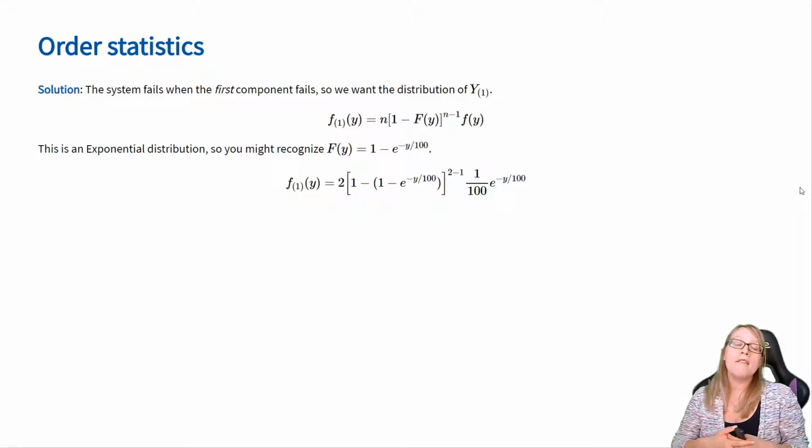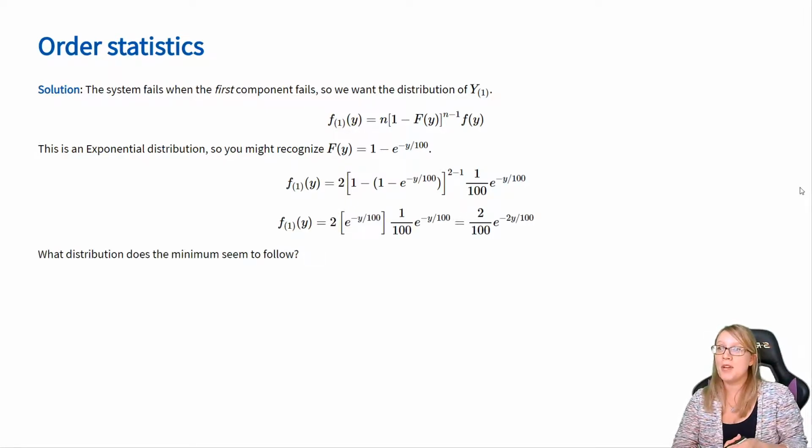Here we have an exponential distribution, so we can go ahead and use the CDF because we're already familiar with it. We also know that we have a system with just two components, so I'll plug in 2 for n. After a little bit of simplification, we get this. The distribution of the minimum is 2 over 100 times e raised to the negative 2y over 100.